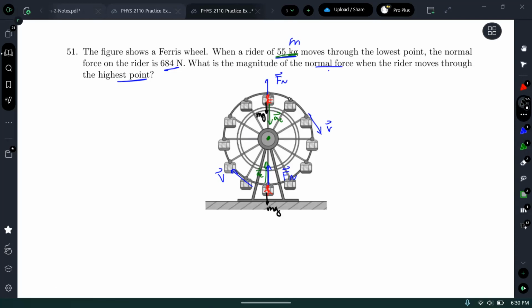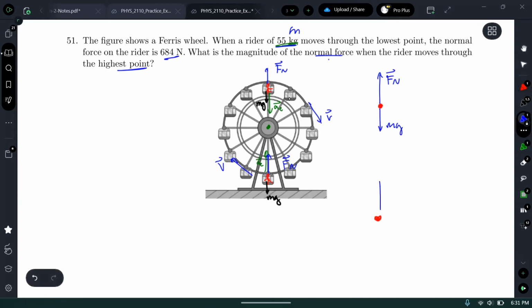Okay. Still sounds like maybe a little bit too open-ended. So this is where I would start thinking about free body diagrams, on the person sitting at the top and the person sitting at the bottom. Got the normal force, got their weight, and then normal force and weight. So the free body diagrams actually look identical.